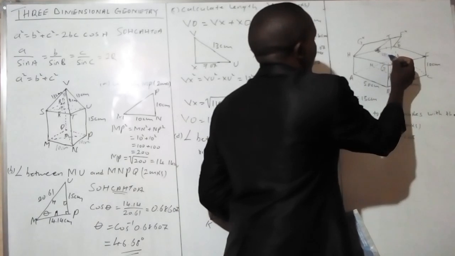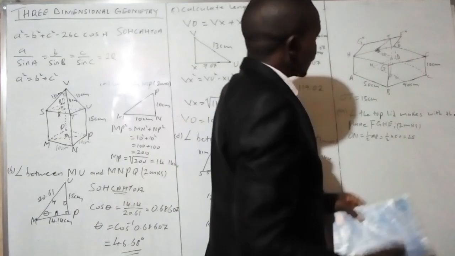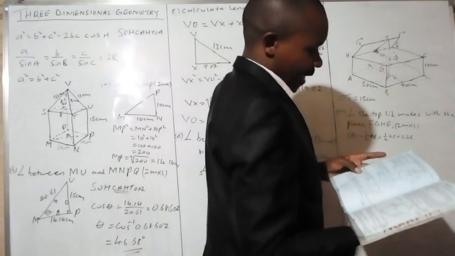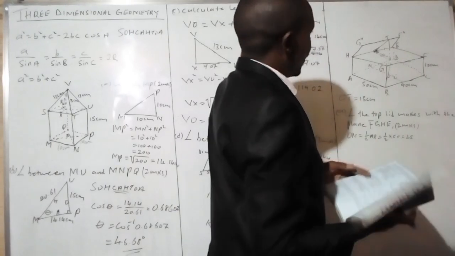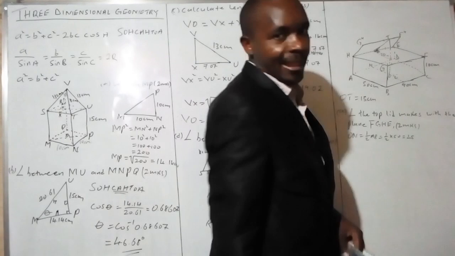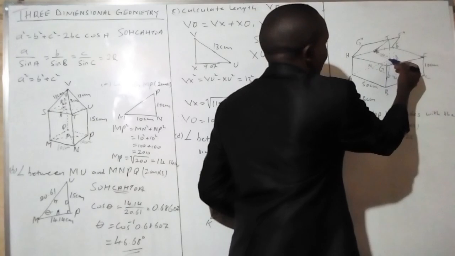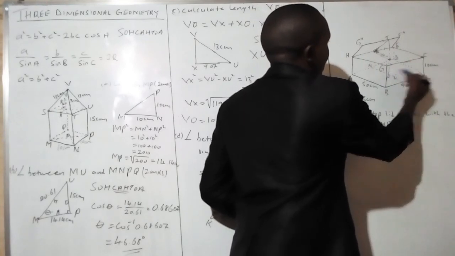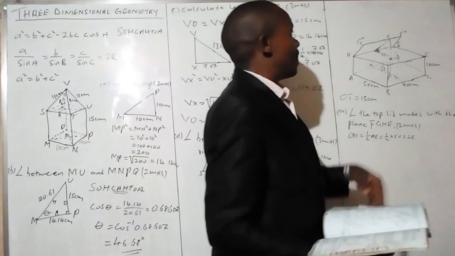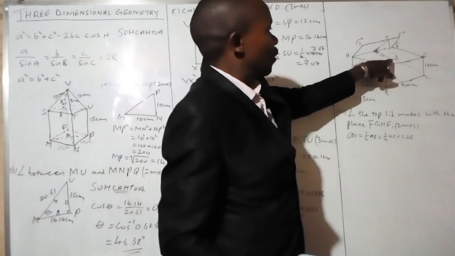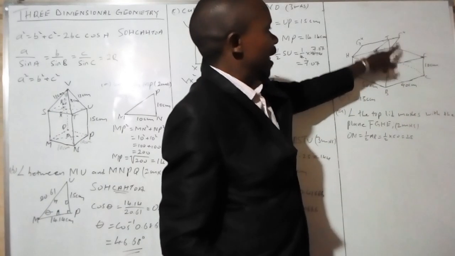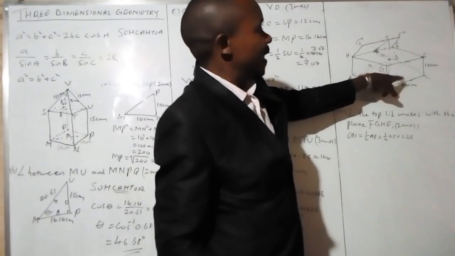Then next, we know that CF is 10. So from this point up to this point is 10. O to this point here will be 10 due to CF, it's supposed to be the same. But from O to T it's 15, so from this point to T is 15 minus 10, and we are going to have 5.